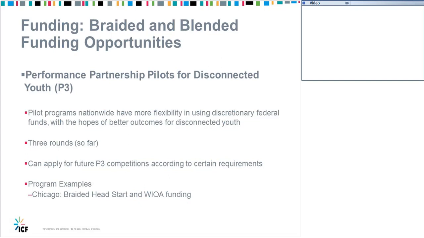So it's the Performance Partnership Pilots for Disconnected Youth, or P3, and it's funded through the Consolidated Appropriations Act of 2014, that's a mouthful, and it's providing authority to the Departments of Education, Labor, Health and Human Services, along with the Corporation for National and Community Service, the Institute of Museum and Library Science, and related agencies to enter into performance partnership agreements with states to give them flexibility to use discretionary funds across multiple federal programs.